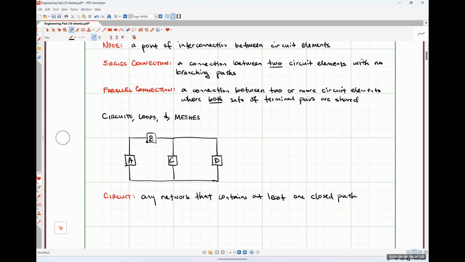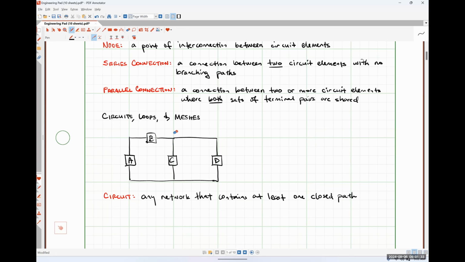So all circuits are networks, but not all networks are circuits, because in order for it to be a circuit, we have to close the loop effectively, right? So as soon as we have these three elements connected together like this, we have a circuit regardless of whatever else is connected to our network, okay?